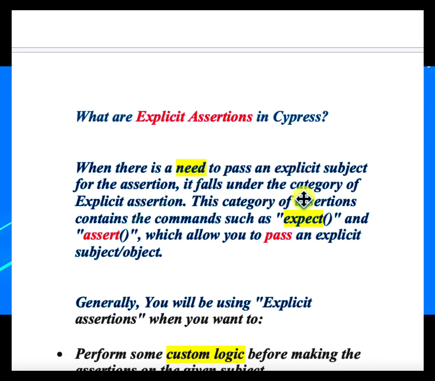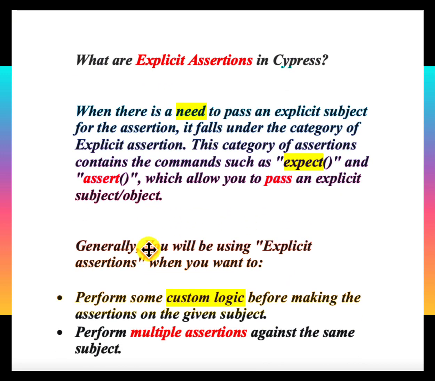And what are the explicit assertions? When there is a need to pass an explicit subject for the assertion, it falls under the explicit category. This category of assertions contains commands such as expect and assert, which allow you to pass an explicit subject or object.